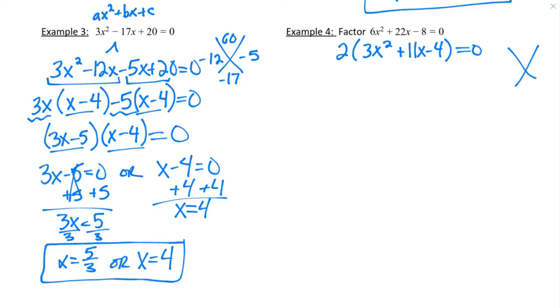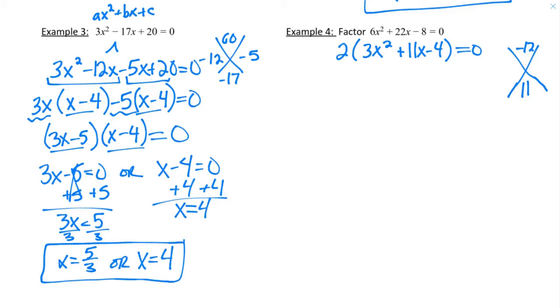So we'll go ahead and start that process by looking at our a times c. In this case, we have 3 times negative 4, which would be negative 12. We know that they have to add to b, which is 11. So we're looking for factors that multiply to negative 12, add to a positive 11. Since they are multiplying to a negative 12, we know that one has to be positive and one has to be negative.